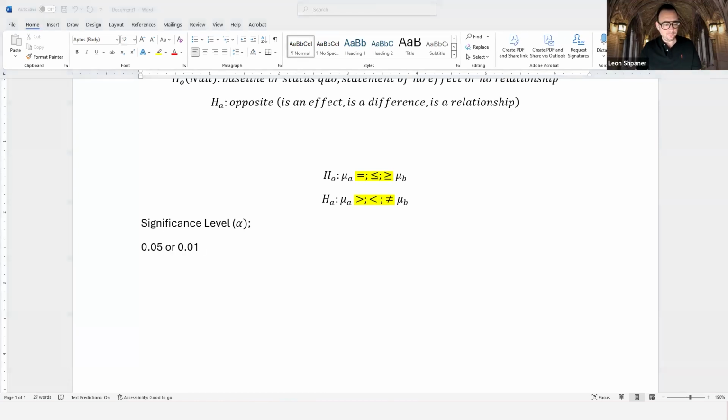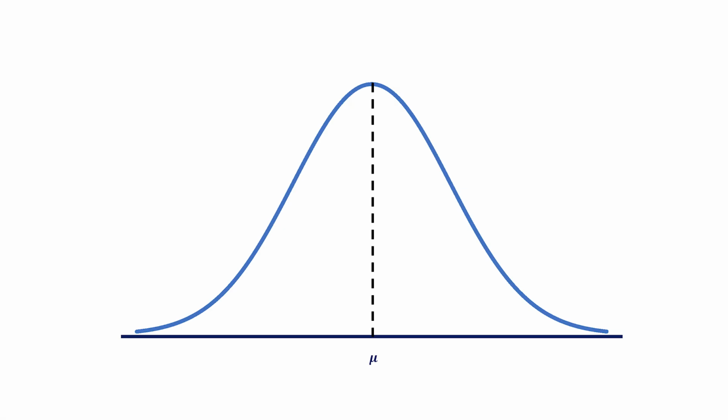Why? That's a great question. Why is it one or the other? Typically because, and I think some of you had the benefit of having me explain this to you in the previous course, it all goes back to the normal distribution.